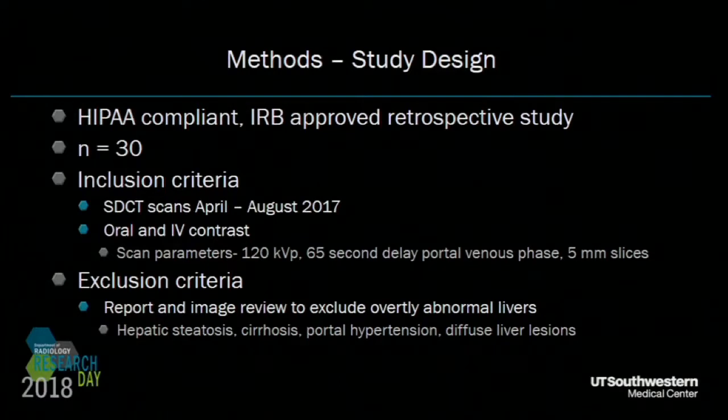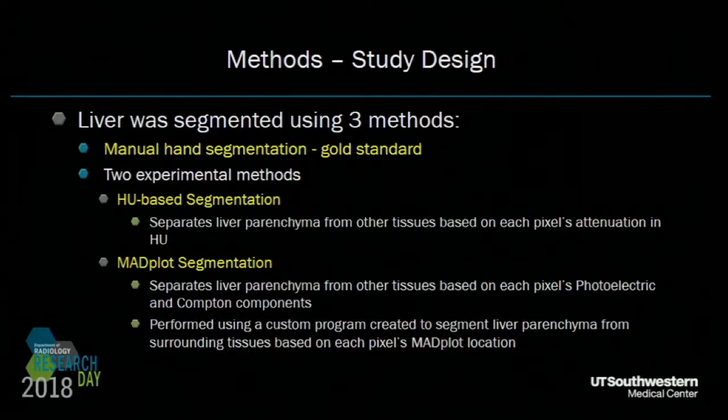And from this, we were able to obtain 30 livers randomly. We chose them randomly from the eligible criteria. These 30 livers were segmented using 3 methods: manual hand segmentation as a gold standard, and the 2 experimental methods, the Hounsfield unit-based segmentation method and our experimental method that we proposed, the MADplot-based segmentation method.